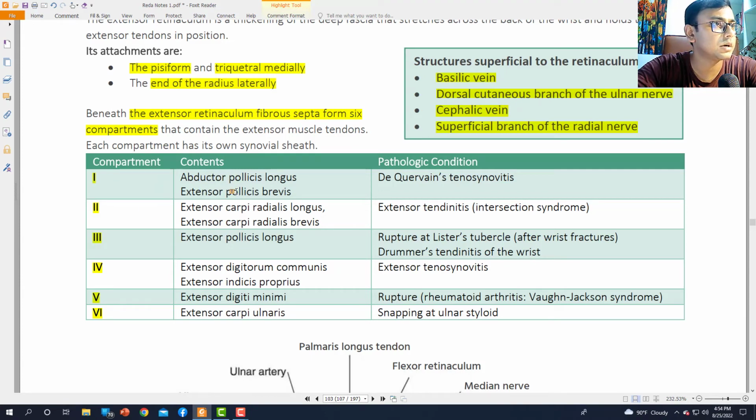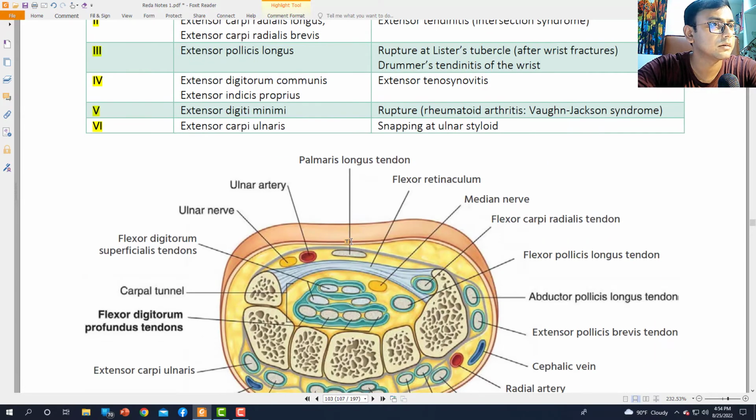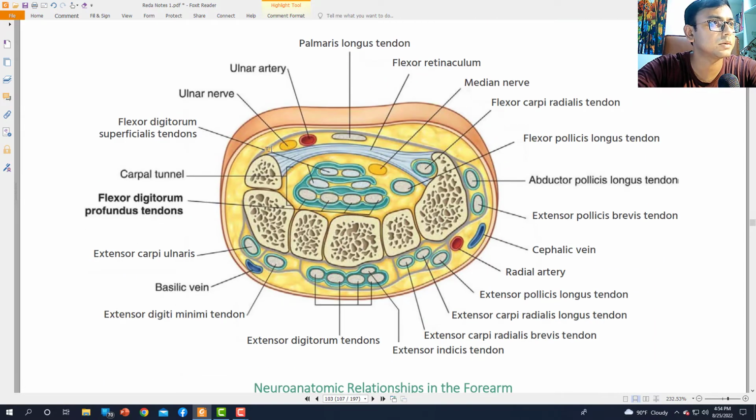In the compartments, you can see these muscles present within each compartment. Here is the picture of the compartments. The ulnar nerve and ulnar artery go above the retinaculum. This is the retinaculum, and the median nerve is under the retinaculum. This is the bony curvature, and the flexor pollicis longus. It is also asked in the FCPS exam; I already saw it once. The flexor carpi radialis tendon is within the retinaculum, under the flexor pollicis longus.